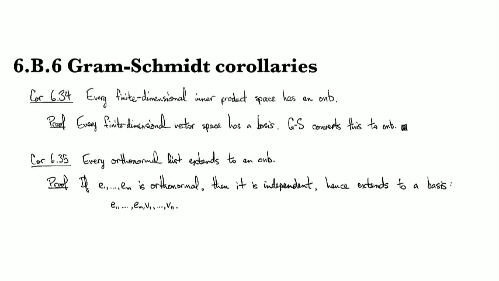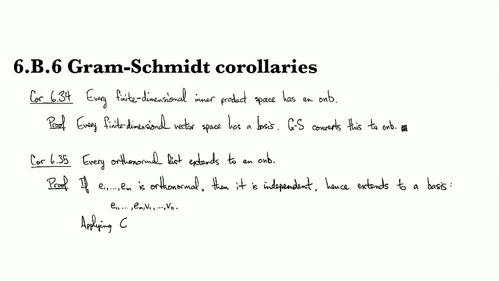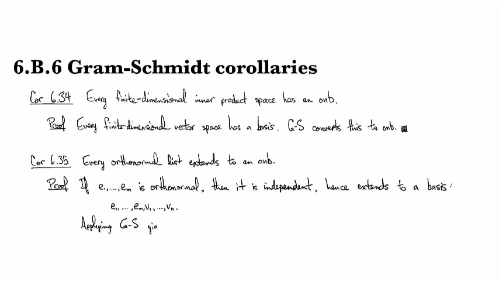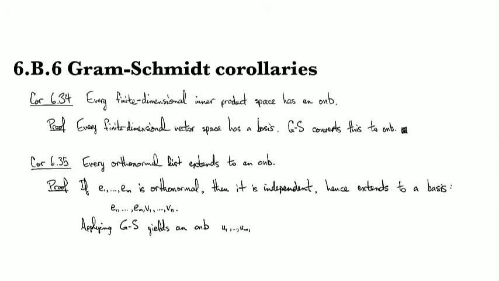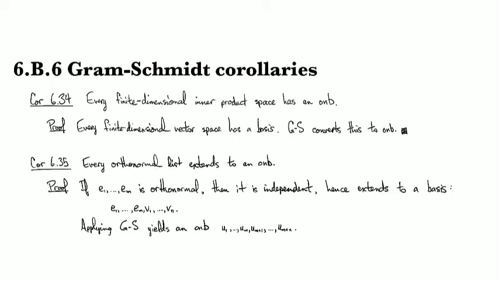Okay, so then if we apply the Gram Schmidt procedure to this, then we'll get U1 up through UM plus 1 up through UM plus N. All right.